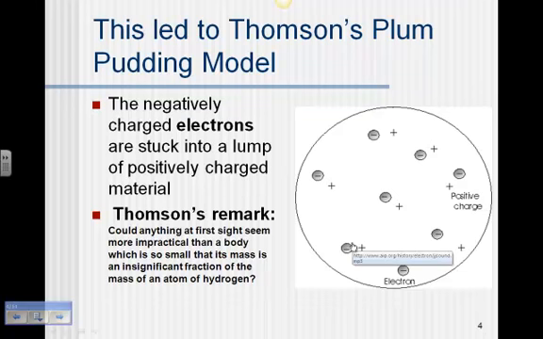What you were seeing there with the magnet was the negatively charged particles that were attracted to the magnet, and it was thus discovered that we now know there are these negatively charged particles within the atom.